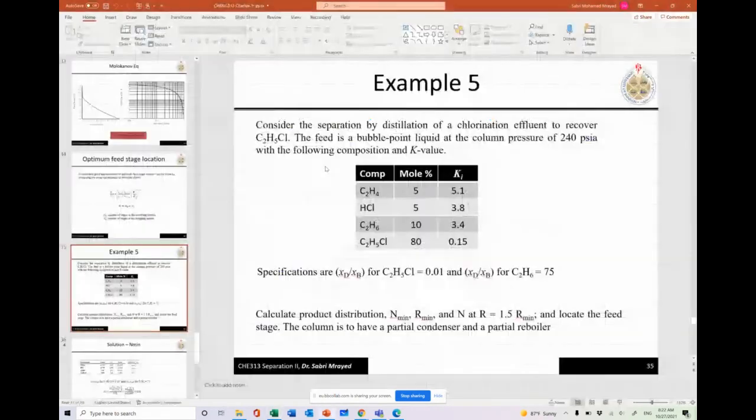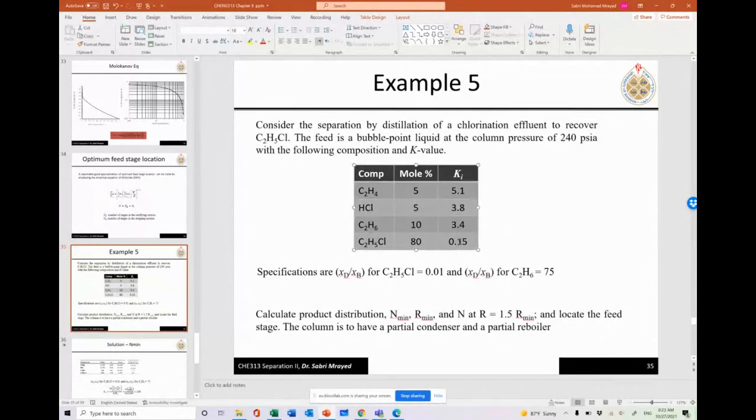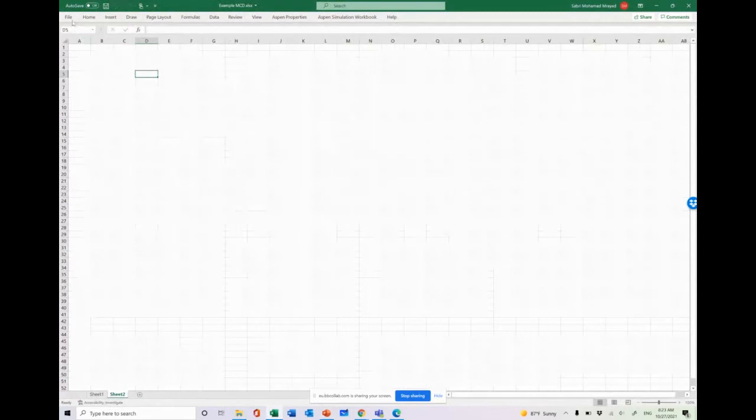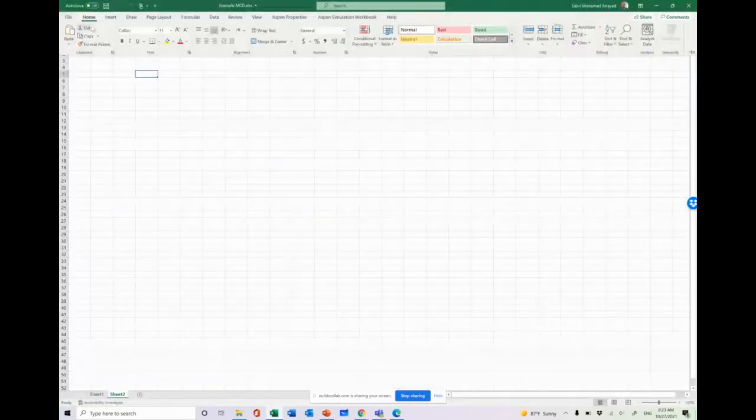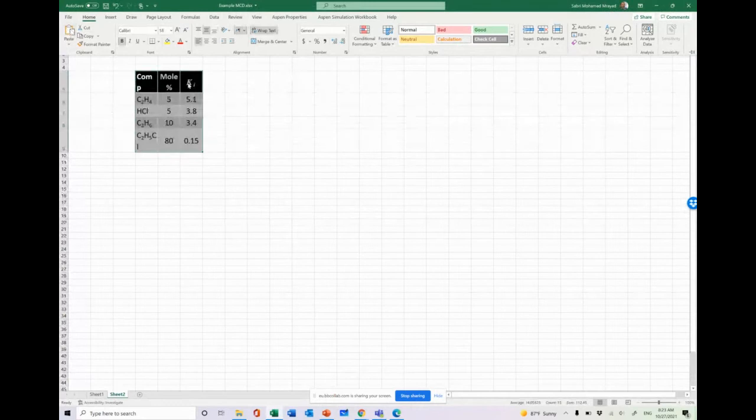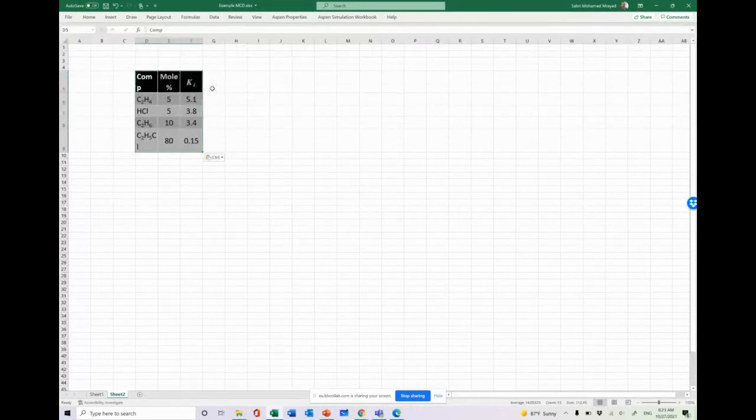Okay, now I will try to go to this one and copy this component. So I come here and paste here. So now I have my components here.